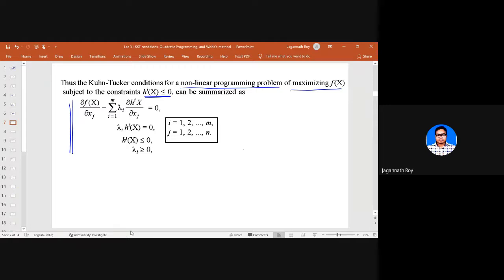These are necessary conditions and they will be sufficient if the objective function is concave. This is maximization, so that means concave. And the Lagrange multipliers will be positive.